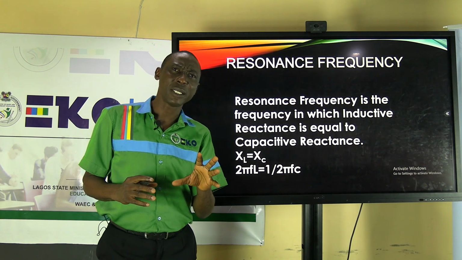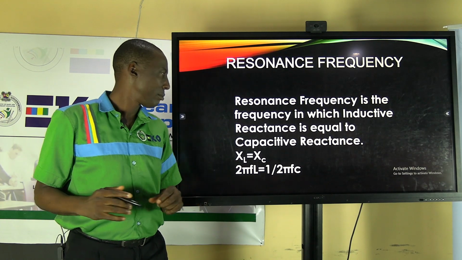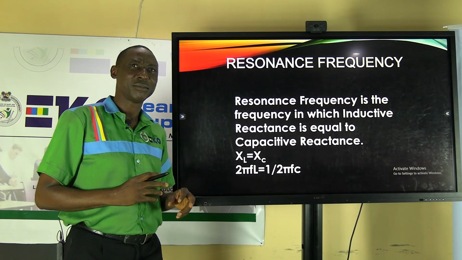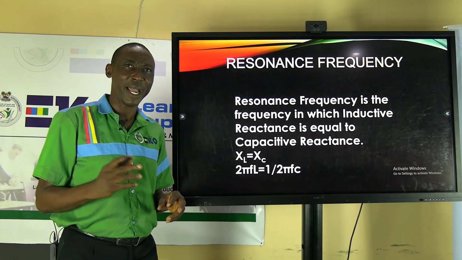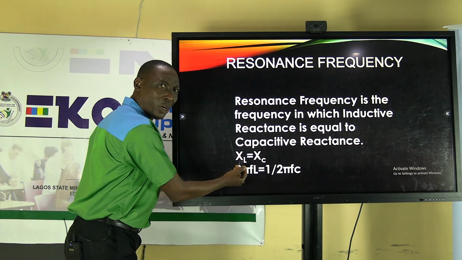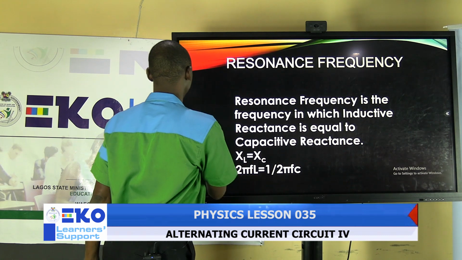At resonance frequency, you have your maximum current. Based on the definition, which I call the theory behind it, look at the diagram. Inductive reactance is equal to capacitive reactance.